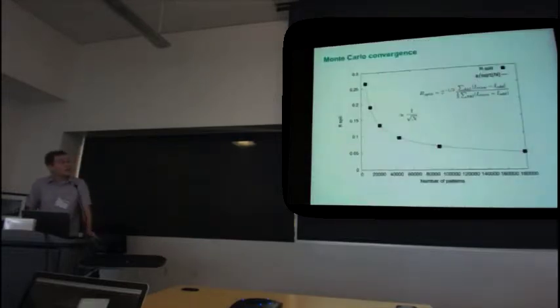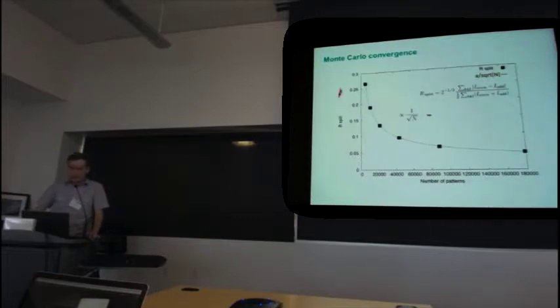The Monte Carlo convergence displays 1 over square root of n convergence, which means that quadrupling the number of observations halves the error.